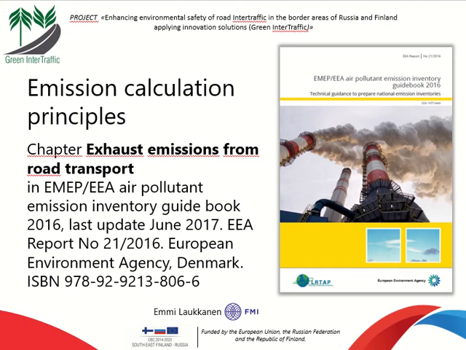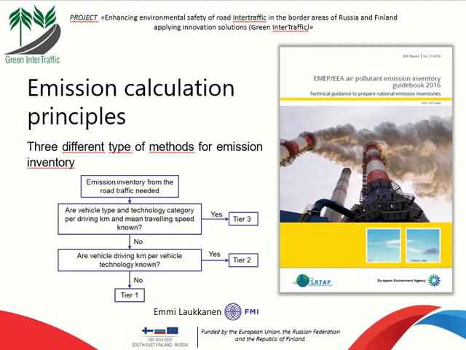The European Environment Agency has published an emission inventory guidebook, and it includes a chapter called Exhaust Emissions from Road Transport, and that is also our backbone here. The guidebook describes 3 different types of methods to calculate the emissions: Tier 1, 2 and 3.